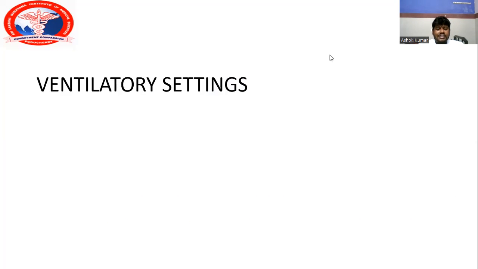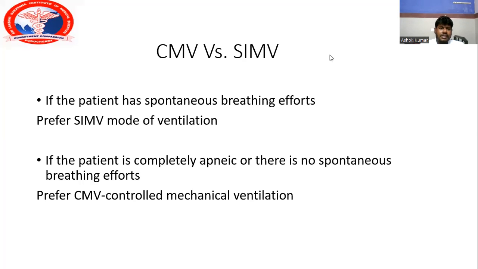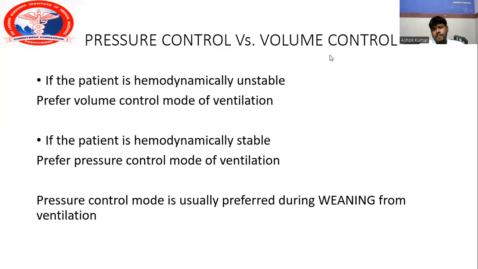Next, we proceed to the ventilator settings. There are controlled mechanical ventilation, controlled mandatory ventilation, as well as synchronized intermittent mandatory ventilation. For patients who initiate spontaneous breaths, the synchronized intermittent mandatory mode of ventilation is preferred. If the patient is completely apneic, that is, has no spontaneous breathing, then controlled mechanical ventilation or controlled mandatory ventilation is preferred.